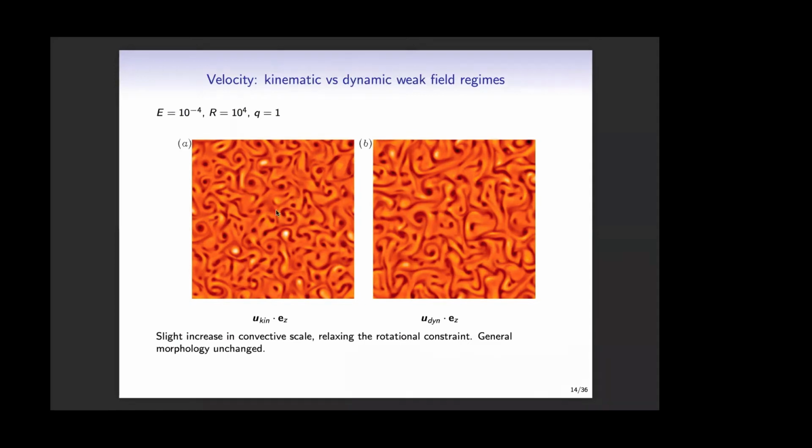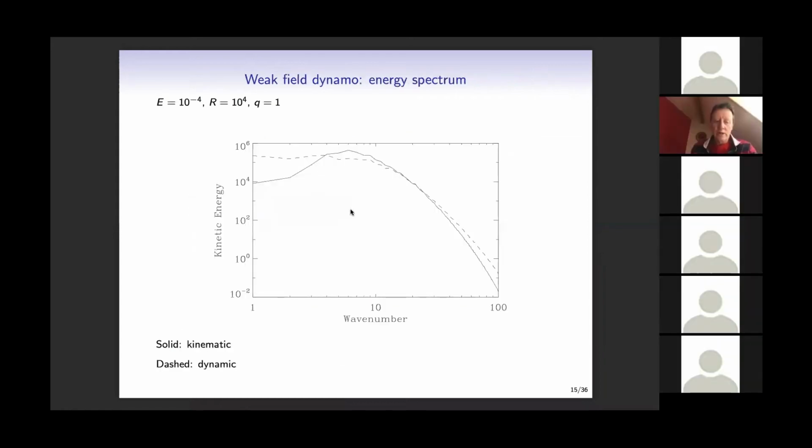This is a snapshot of the kinematic flow, and this is a snapshot of the dynamic flow, when the dynamo has saturated. There's a slight change in scale. I think you can probably agree that the scale on the right hand side is slightly larger, but the general morphology is unchanged. Let's look at what that means.